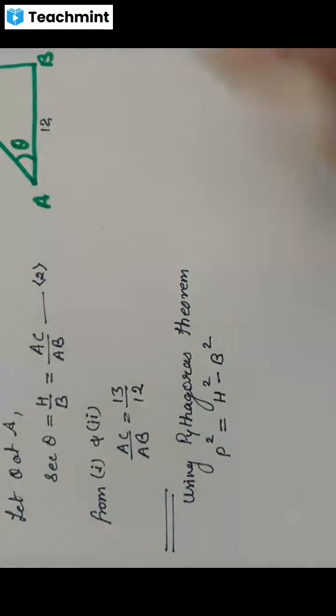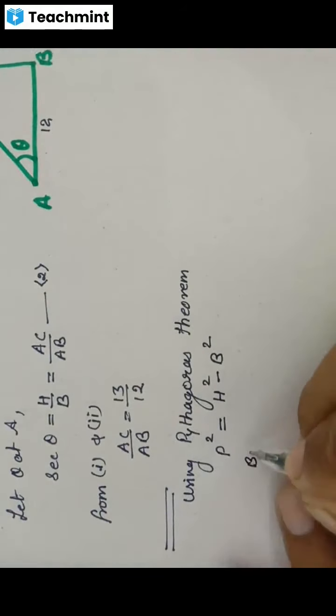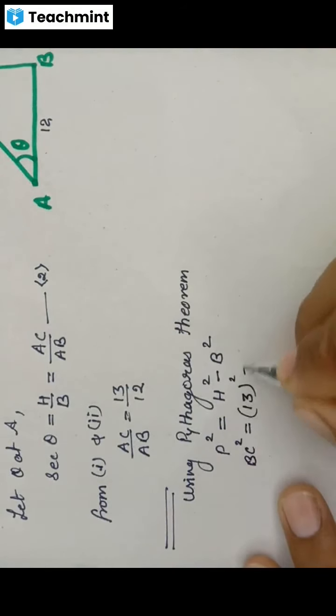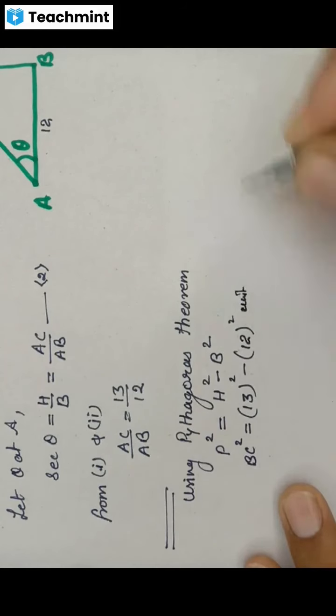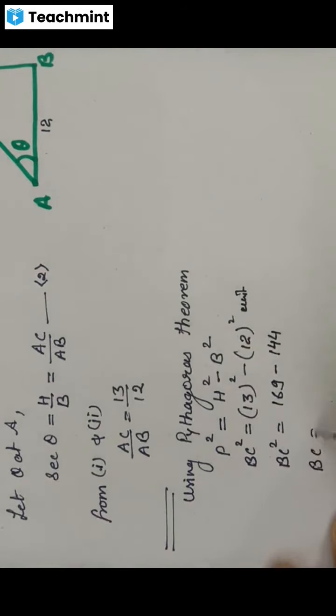So perpendicular, in the figure, is BC. BC whole square is equal to AC, given 13, whole square minus AB, given 12, whole square. It is given in units, because no centimeter or meter is given. So BC whole square is equal to 169 minus 144.